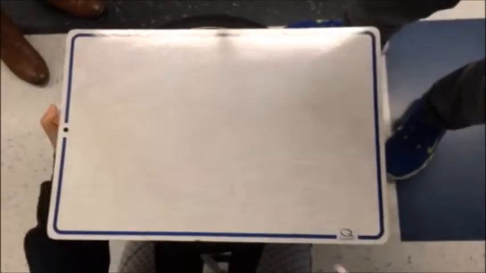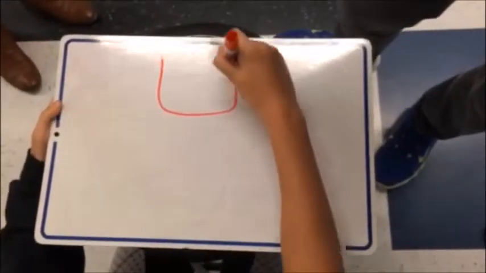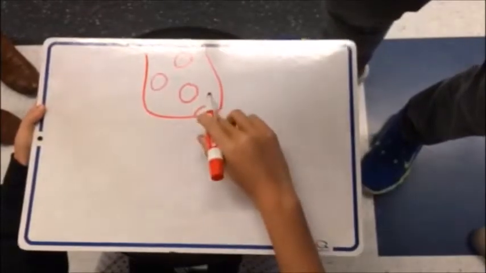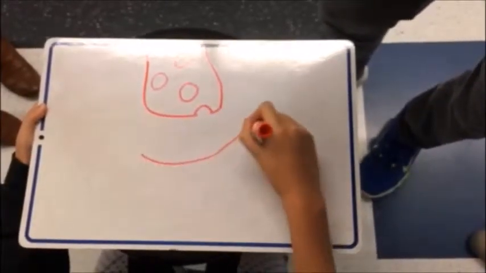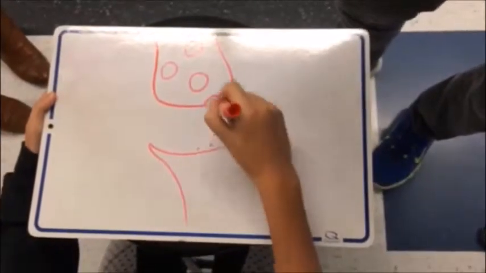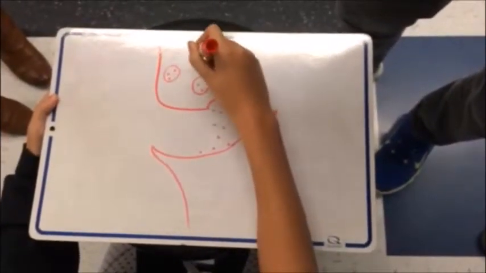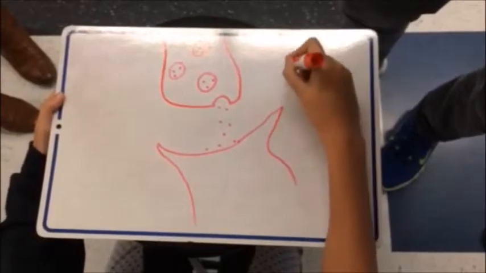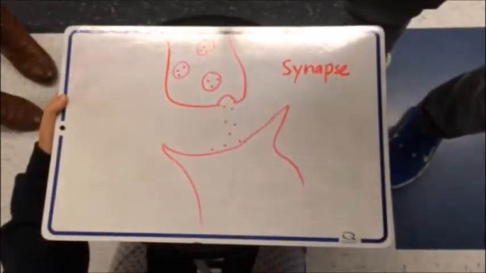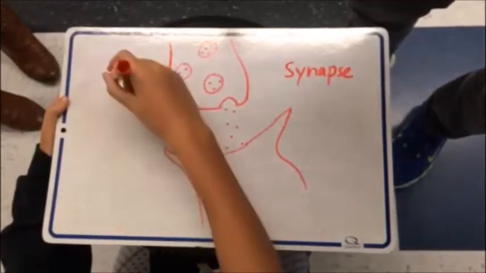So when an action potential depolarizes the plasma membrane of the synaptic terminal, it opens voltage-gated calcium channels in the membrane, which triggers an influx of calcium. The elevated calcium concentration in the terminal causes synaptic vesicles to fuse with the presynaptic membrane. Then, the vesicles release neurotransmitter into the synaptic cleft.